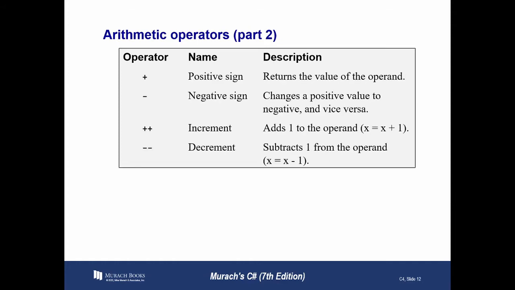So I'm not going to spend much time on this, but here's the one I want to look at: our incrementers and our decrementers, right? So we know that two pluses is the same as, say, x equals x plus 1.